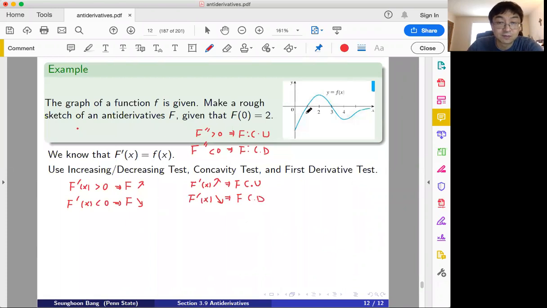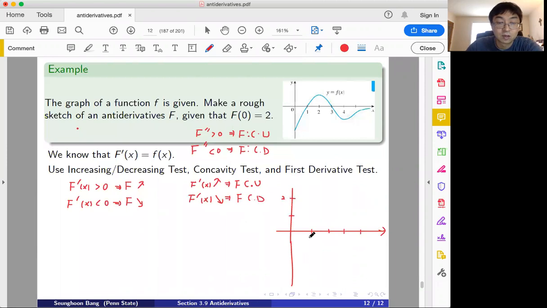So we use these ideas. You can draw the graph like this. How can you sketch the graph? We can split it into parts here: 1, 2, 3, 4, and so on.